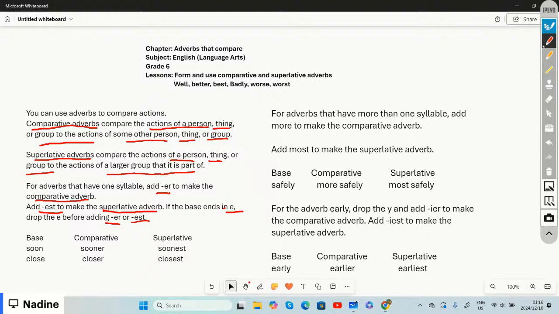And if we look at an example, we have a base word as well as a comparative and superlative adverb.